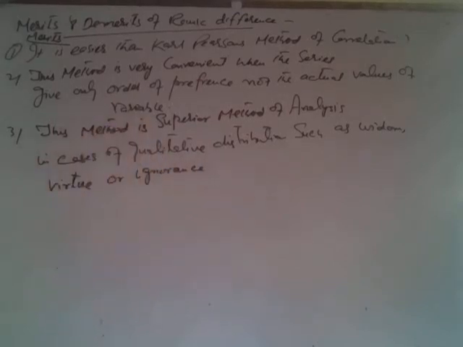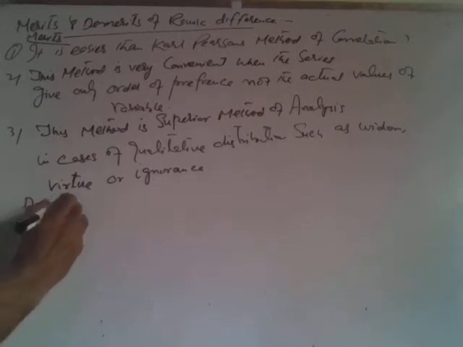So as we know, correlation is a method in which we analyze or study the qualitative variables. So this method is very convenient or superior in such cases when distribution is in qualitative form, such as wisdom, virtue or ignorance. Then we have demerits.